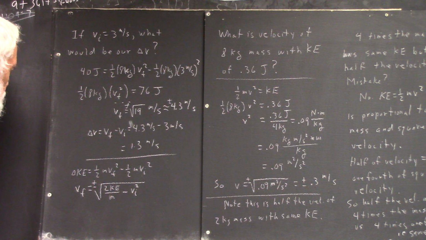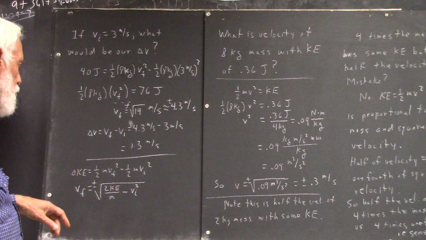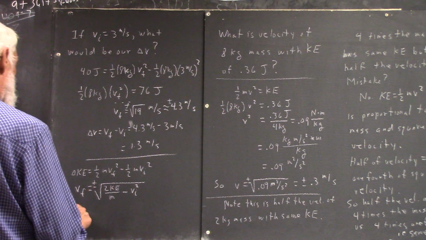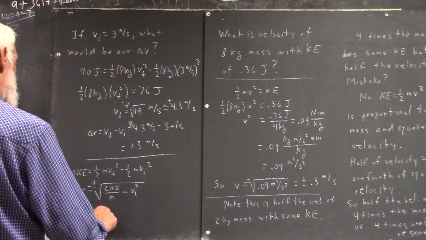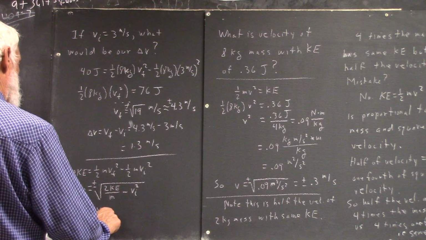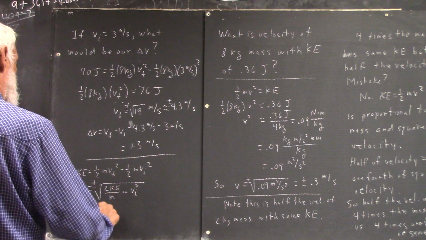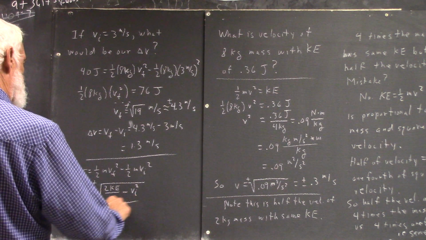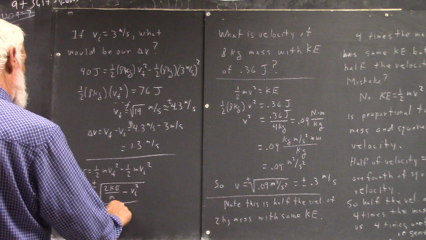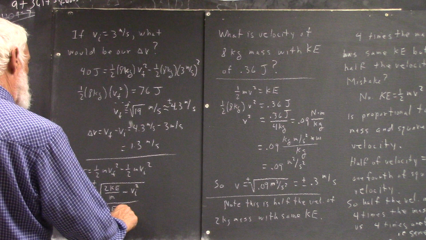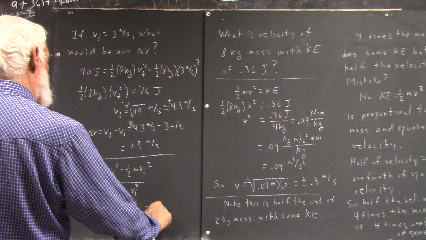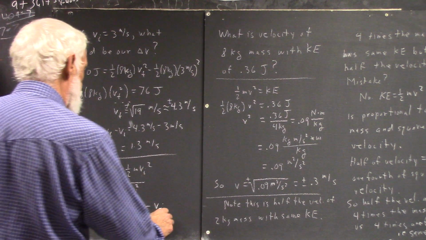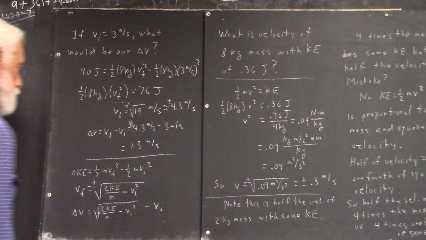And so the change in velocity is the square root of 2 times the kinetic energy over m minus VI squared minus VI. Okay?